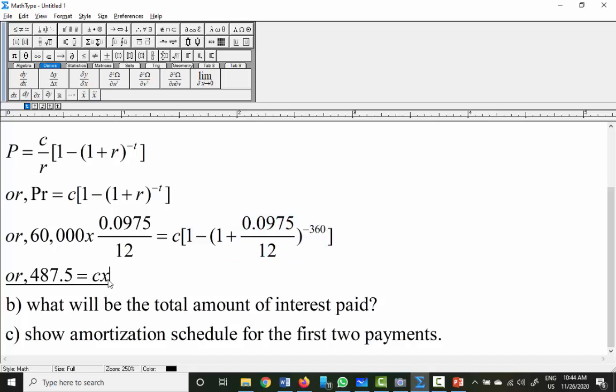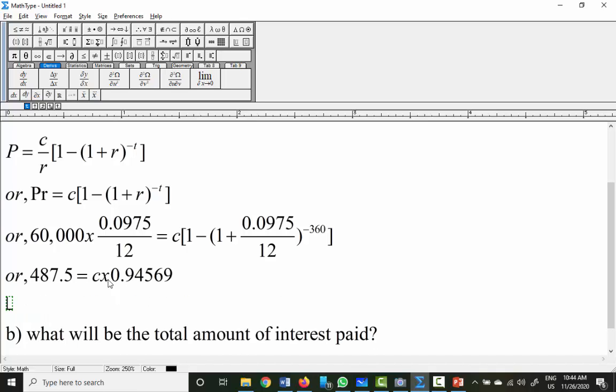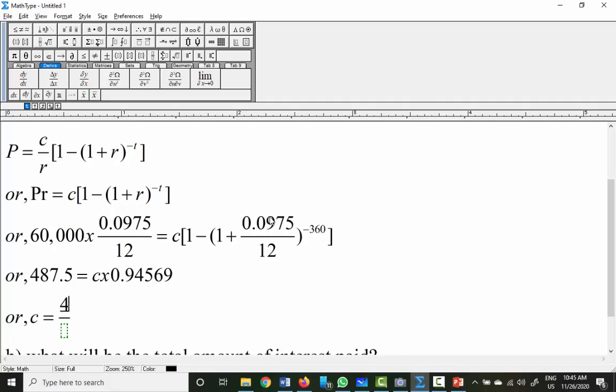So you should get 0.9456, or 0.94569, right? So C will be equal to 487.5 divided by this one.